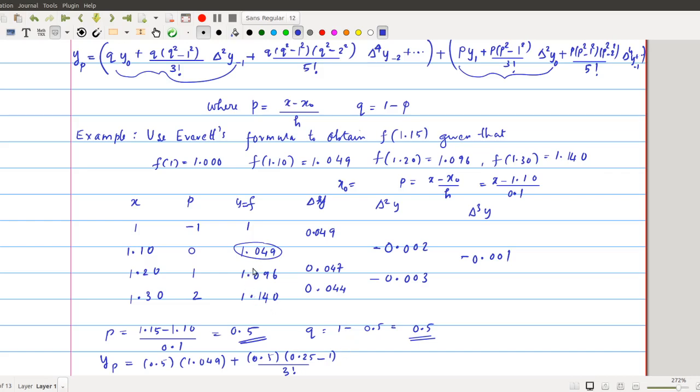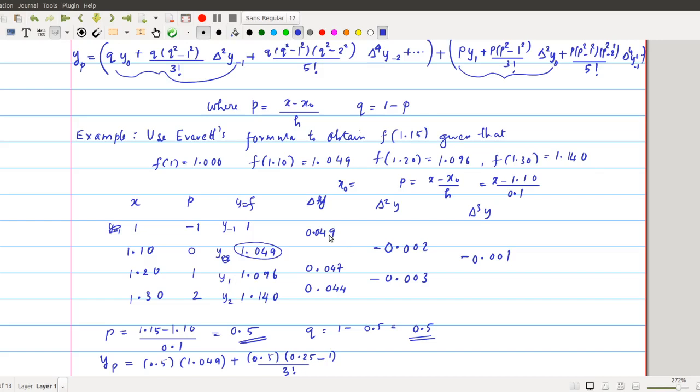So this is our delta square y minus 1, and this is y minus 1, this is y naught, this is y1, and this is y2. So these are the values.